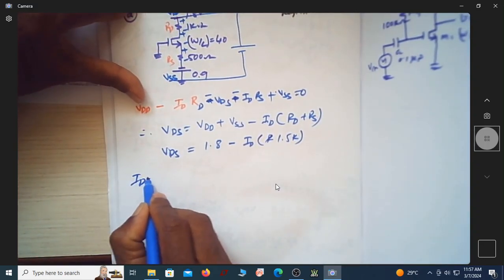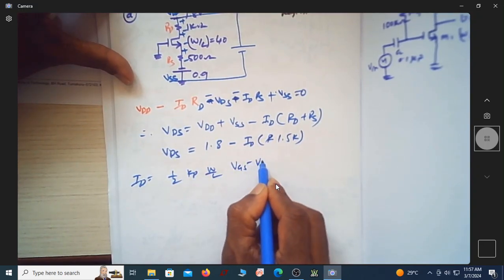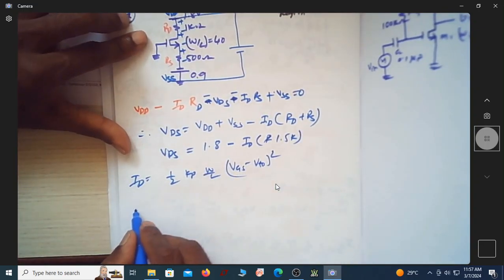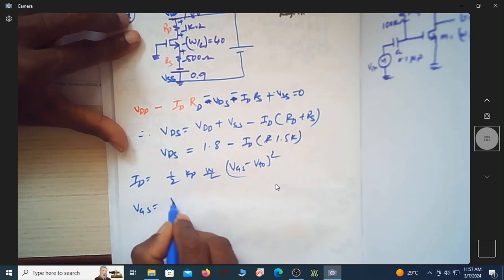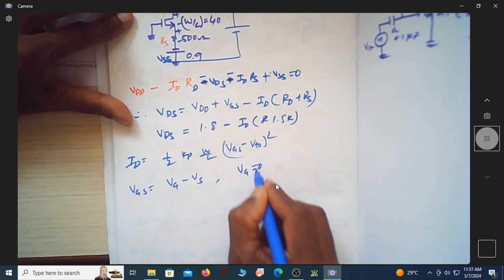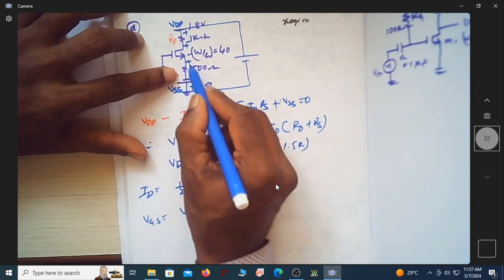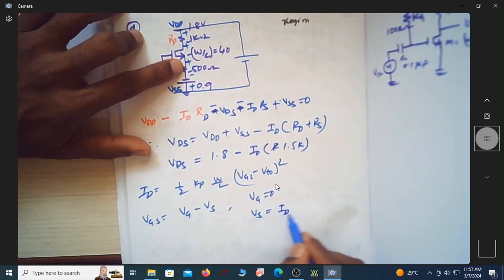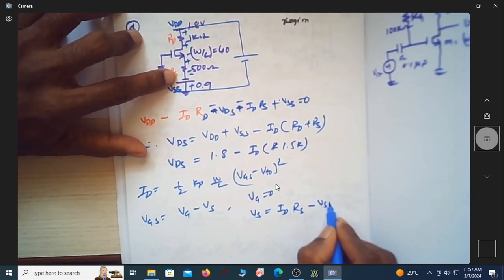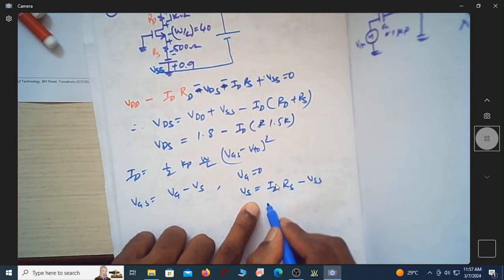So what is ID given by? It is half Kp W by L, VGS minus VTO, whole square. Now what is VGS? VGS is VG minus VS. If you can see, the gate is grounded, whereas the source is at this potential, ID into RS minus VSS.